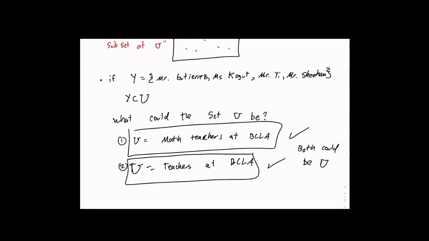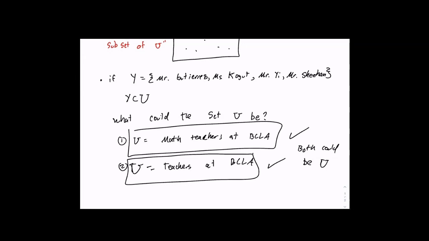What is the common trait? So in other words, by definition, if I give you a set and I ask you for the universal set, you should just understand that this set has to be a subset of the universal set. And so we can define it as the math teachers at BCLA.